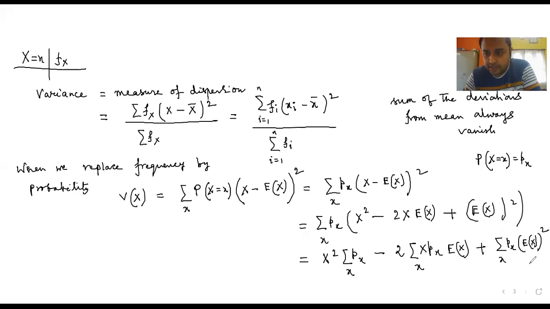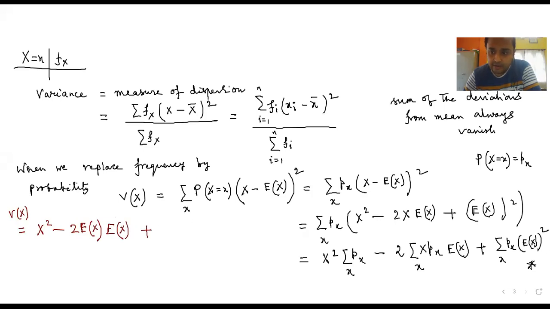Now I'm writing over here. So the variance of X, V(X), becomes x squared minus, now you see this total probability is 1, and E(X) is a constant. It can come outside the summation sign. So it is 2 into E(X), and summation x into p(x) is nothing but E(X) itself by definition.